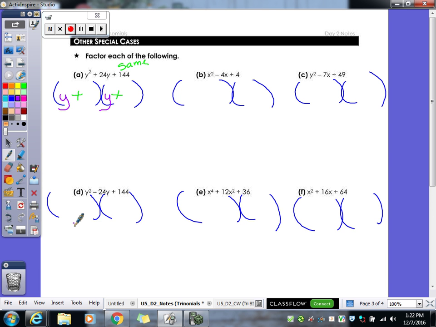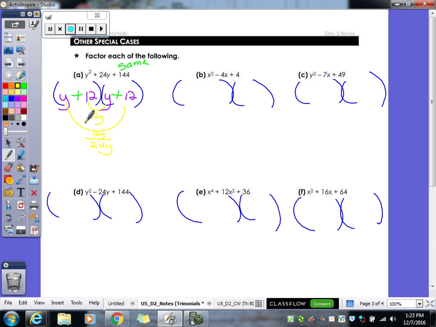I have to list out all the things that multiply to give me 144. I could go ahead and do that, but last class somebody guessed. Were you going to guess? Oh, you got to guess? 12? It is 12. Good. 12 times 12 is 144. And if I do my little smile, big smile, I get 12y here, 12y here. Add them together, I get 24y is what I wanted, so I know that's right.